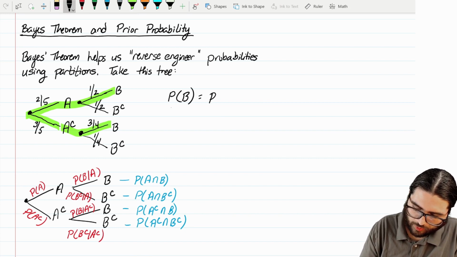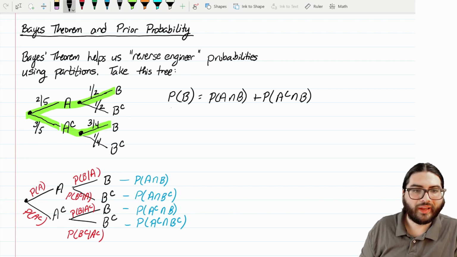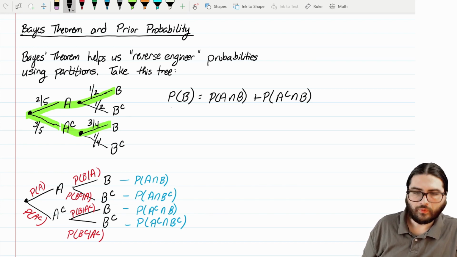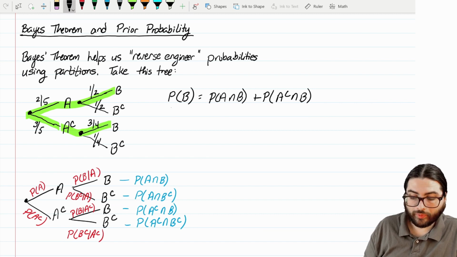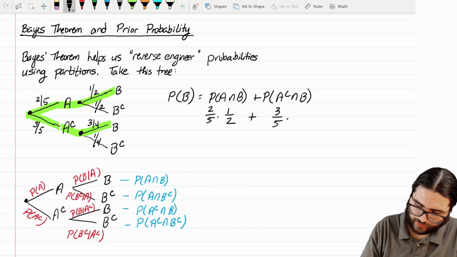So that would be the probability of A and B plus the probability of A complement and B. This gives me the 2 paths through the tree. Now, to calculate each one of those probabilities through the tree, I need to multiply 2/5 times 1/2 plus 3/5 times 3/4.